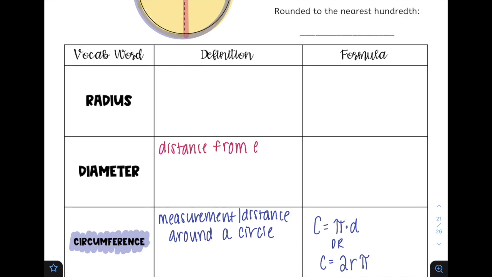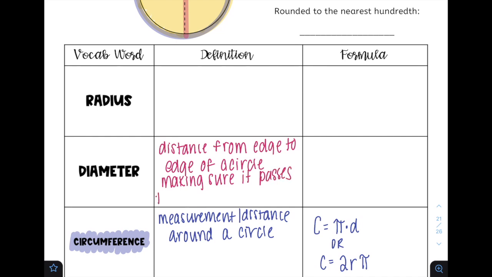And your diameter can be calculated by taking your radius and multiplying it by 2. So that would be your diameter.